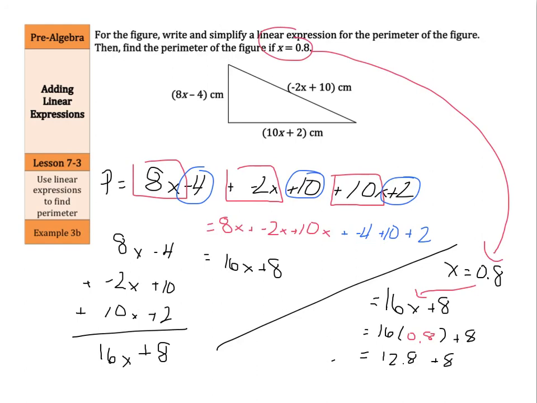And 12 and 8/10 plus 8 is 20 and 8/10. Get my decimal point in the right spot here. And we're not given a unit here, so we can just write this as 20 and 8/10. Actually, no, we are. We're given the unit centimeters. So let me go back and erase that. It is 20 and 8/10 centimeters. And there's our final answer, 20 and 8/10 centimeters.